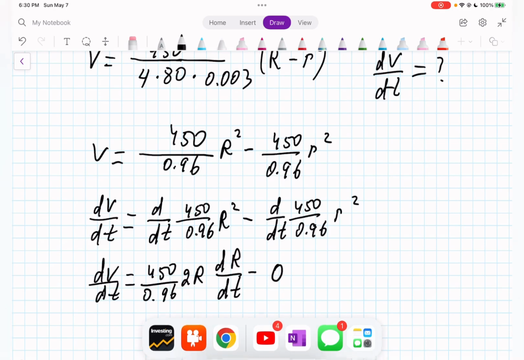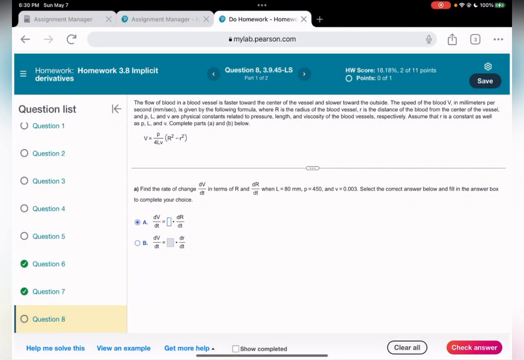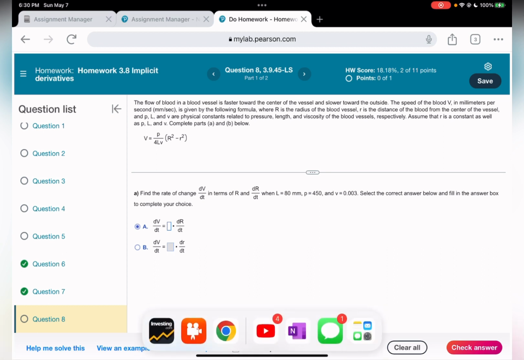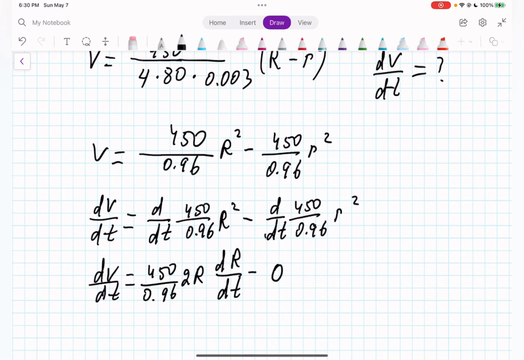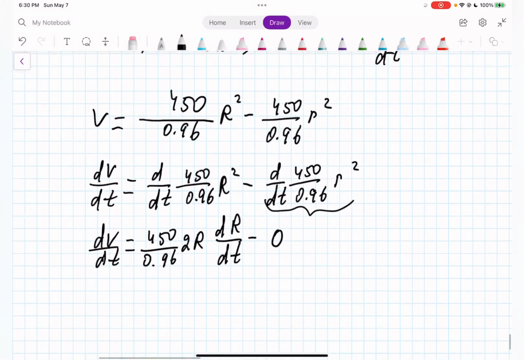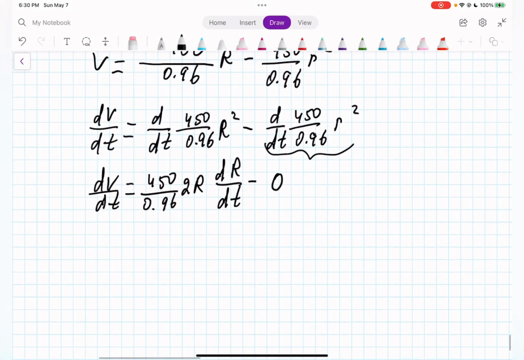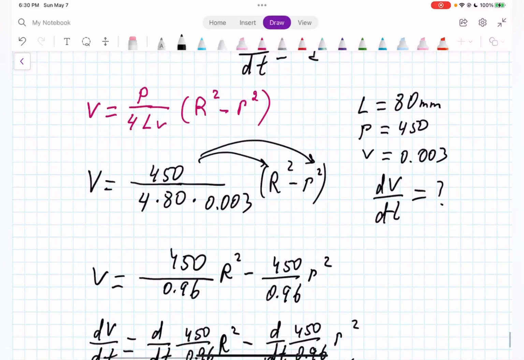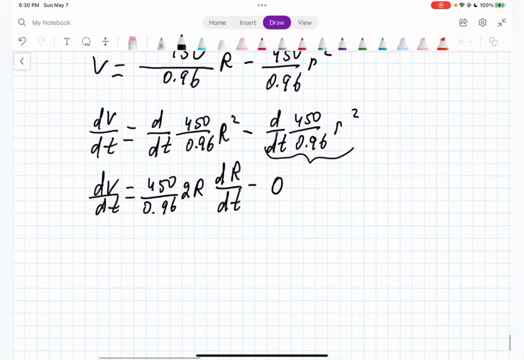Let's go back. Let me show you here. The very last sentence in the word problem: assume that R is a constant as well as P, L, and v. Because it's a constant, the entire derivative becomes 0. So from here we are getting dr dt.